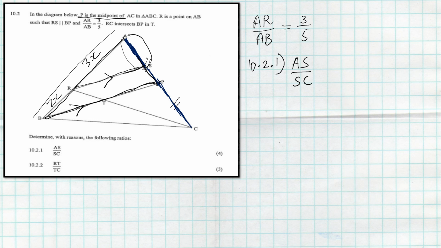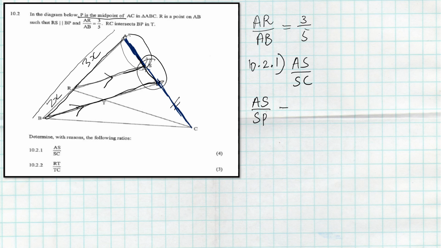It means we can use the proportionality theorem to get the ratio of AS over SP there, right? So let me say AS over SP, so that it can be fine.